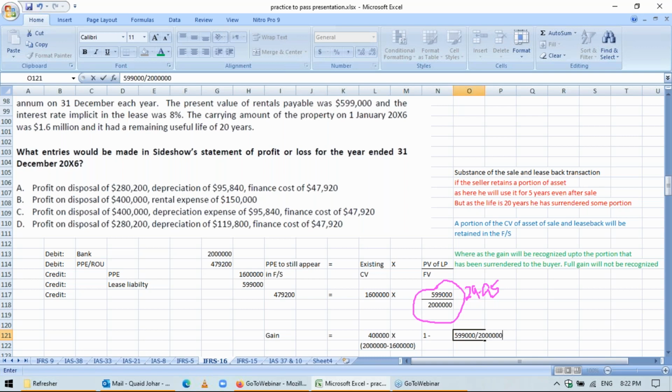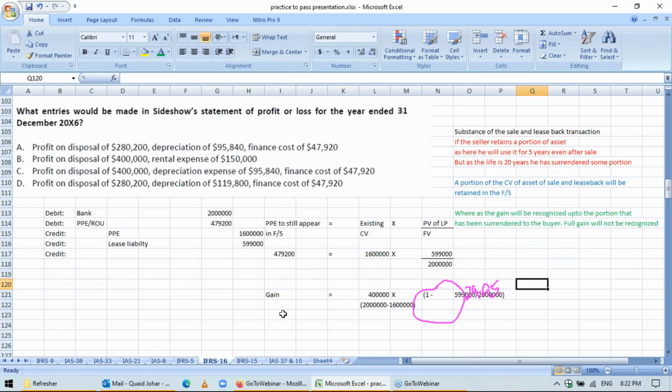If you deduct 29.95 from the 100% amount, you will get the gain that will be recognized.